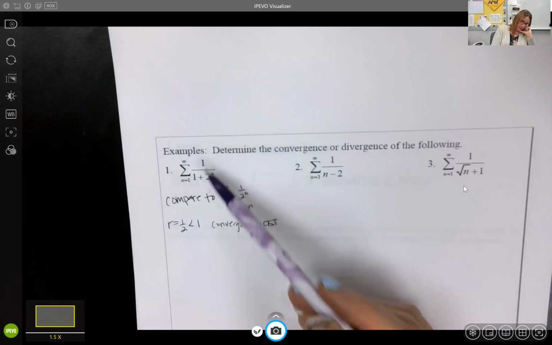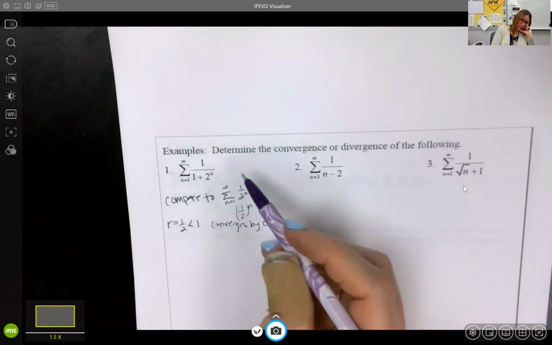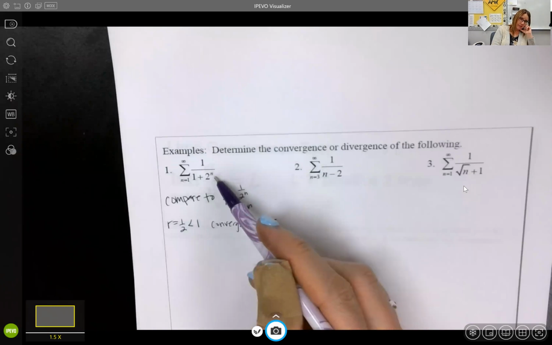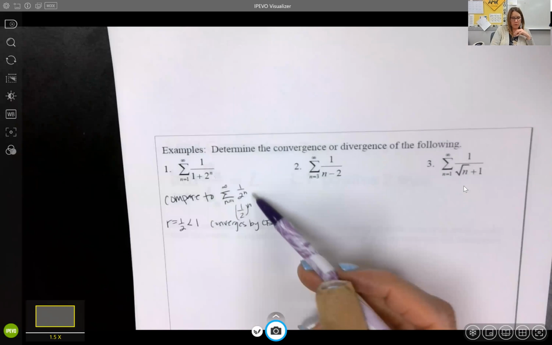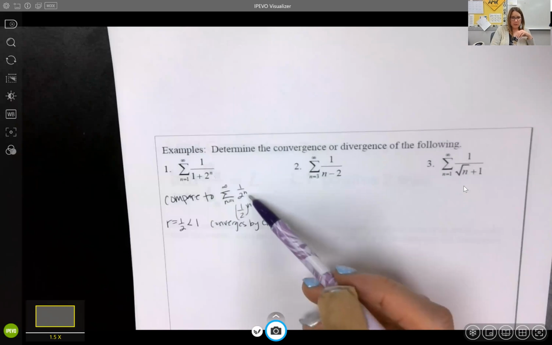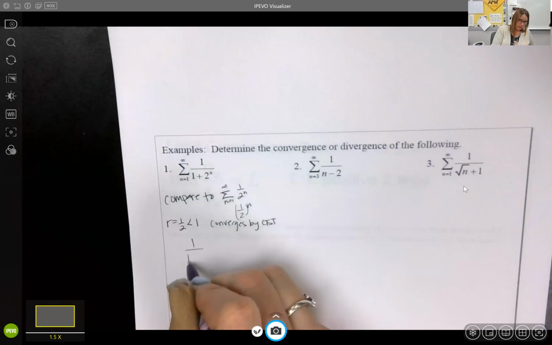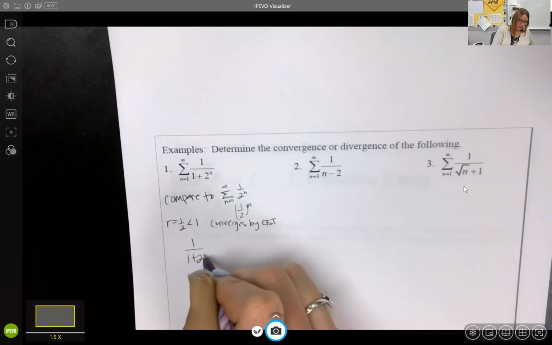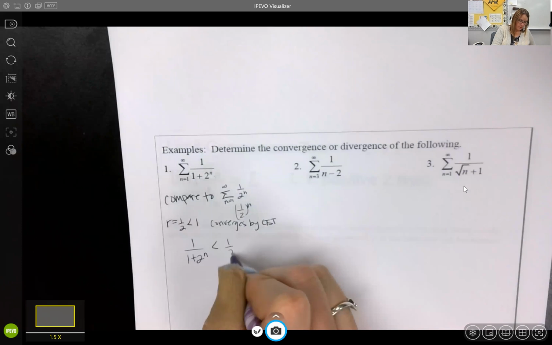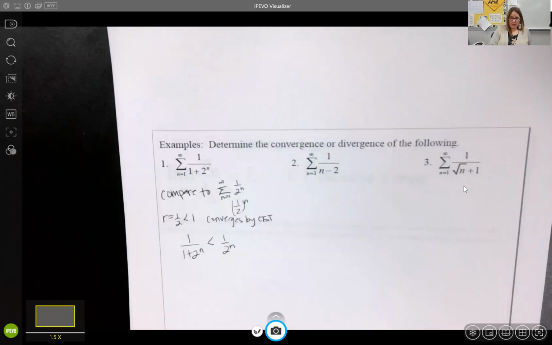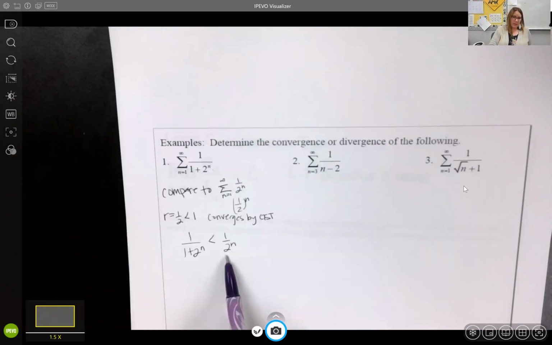So if I've got 1 over 1 plus 2 to the n as one of my functions, and the other one is 1 over 2 to the n, which one's smaller? The bigger denominator is smaller, right? So we have to show this statement right here.